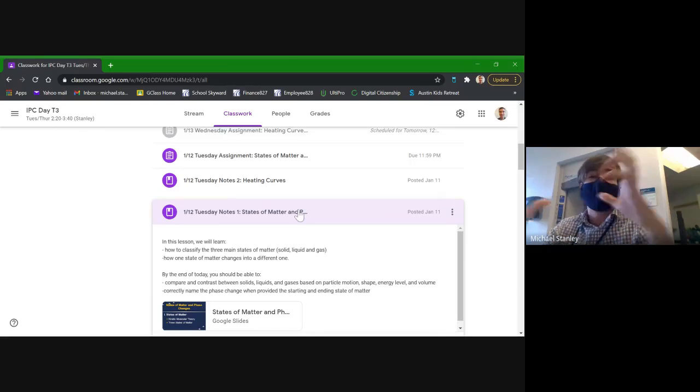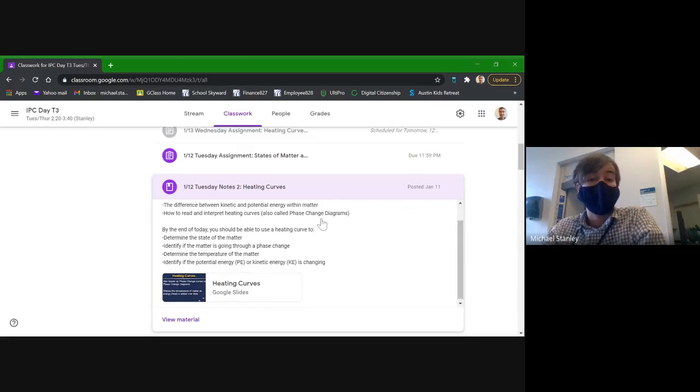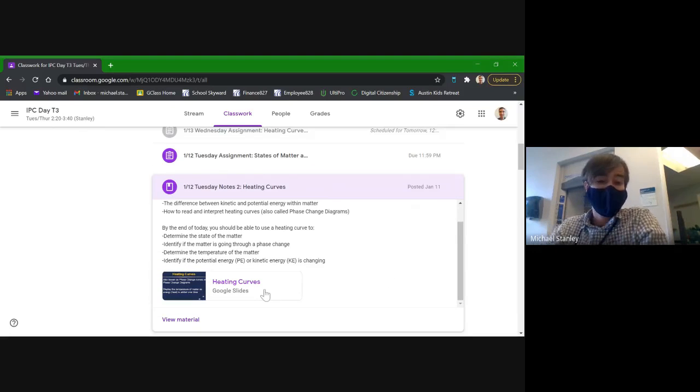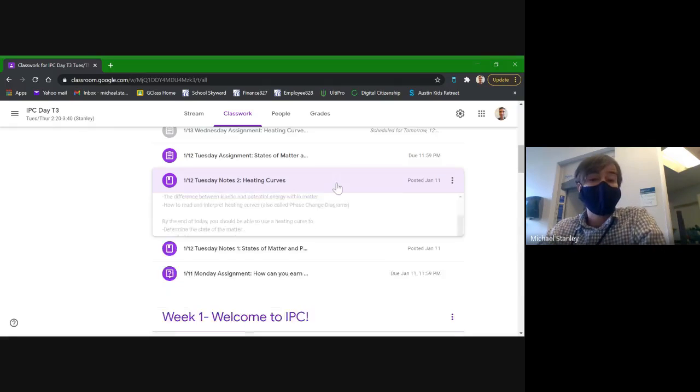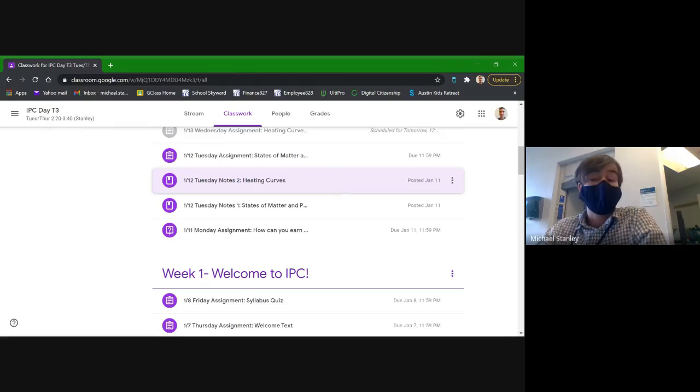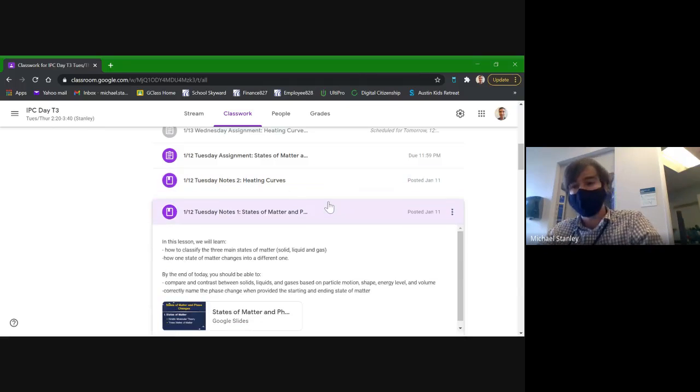And then the second little short mini section of notes for today will be about heating curves, which are graphs that show the temperature of a specific piece of matter as it gets heated up over time. And we'll talk about what are some of the things that a heating curve can tell us about that particular state of matter.